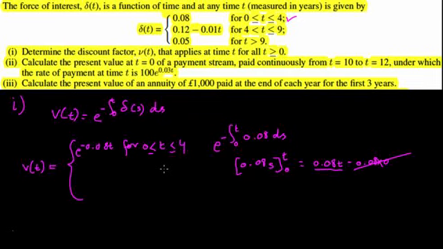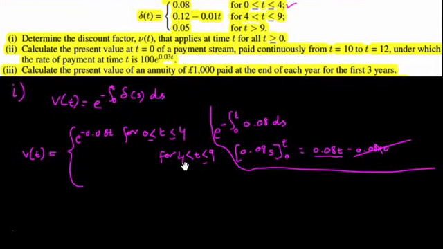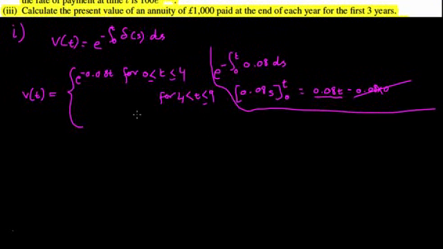Now let's look at, and I'm going to give myself some more space, and you'll see why, for 4 less than t, and less than or equal to 9. What we need to do is the same thing that we've done here, but we've also got to multiply it by e to the power of the integral between 0 and 4, because we've got to take the discount factor for all of that time as well, of that first function, 0.08 ds.